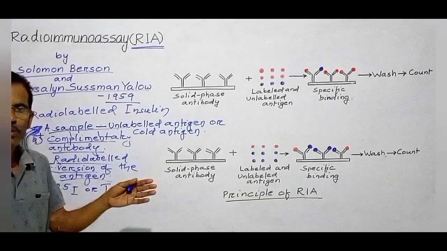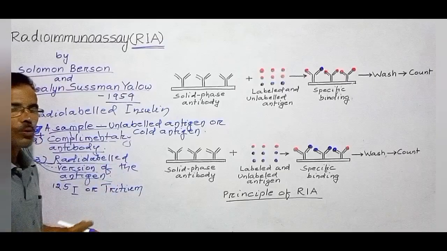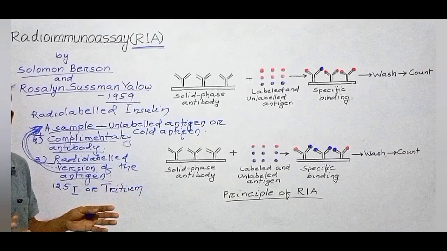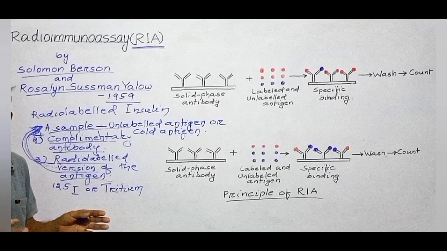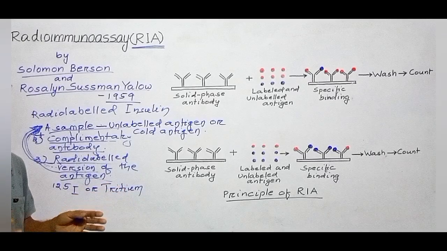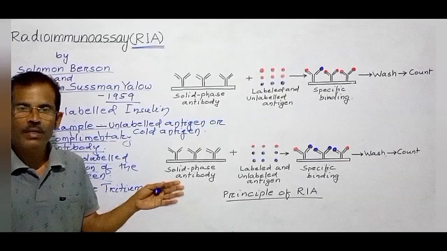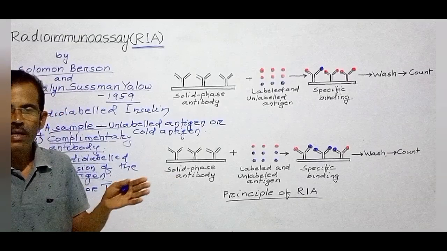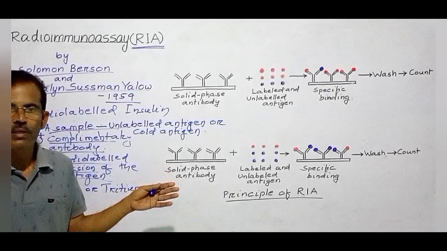As a result of this competition, some of the sample antigens will be displaced from the antibody binding site and in their place, radiolabeled antigens will bind to the antibody. The more sample antigen present, the less radiolabeled antigen is able to bind to the antibody.